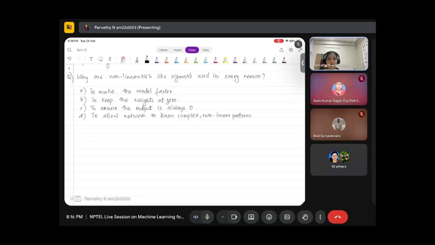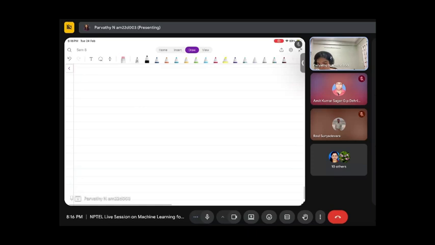So why do we have non-linearities in every neuron? Yeah, so it is to allow the network to learn complex nonlinear patterns.